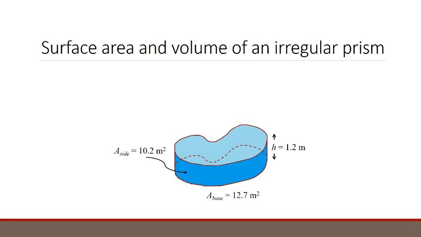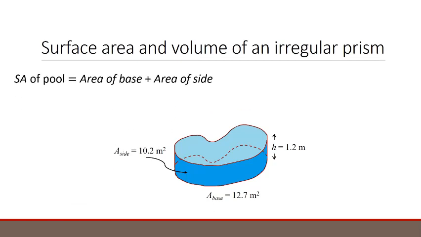Now we would like to find the area of the materials that we need. So the darker blue, this area of the side we're given is 10.2 meters squared, and the area of the base we're given is 12.7 meters squared.